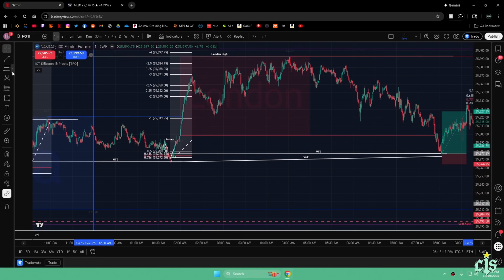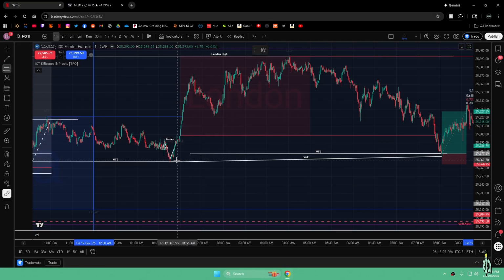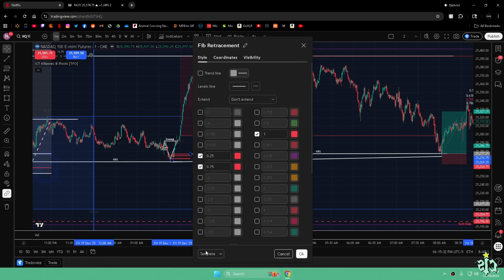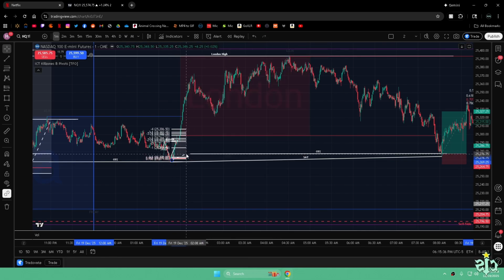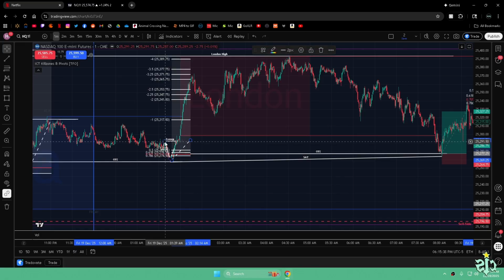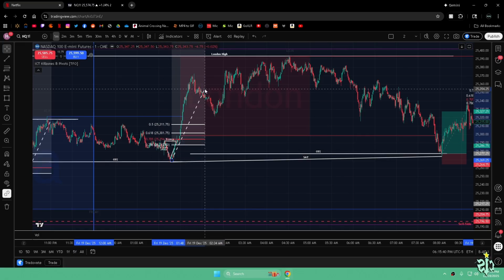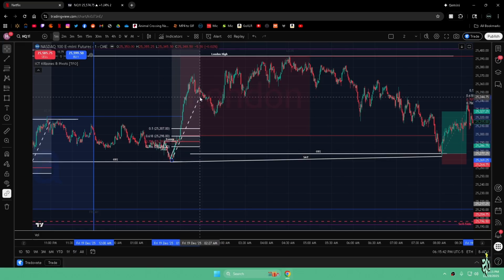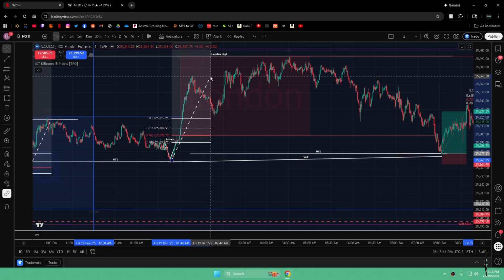So let's say you mark out your fib from, let me get rid of this. But we'll keep that OTE. So you mark out this fib, right? Oh, whoops. Mark out this fib. Instead of this high to where it broke structure, you mark it out to this high, or the highest high that we have, right?